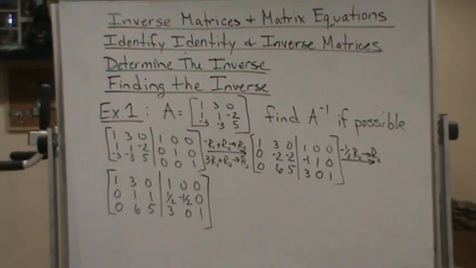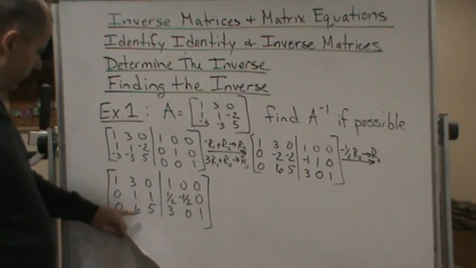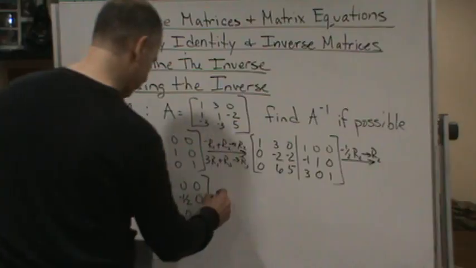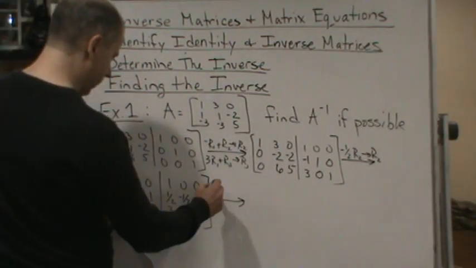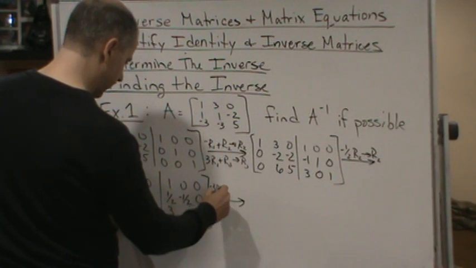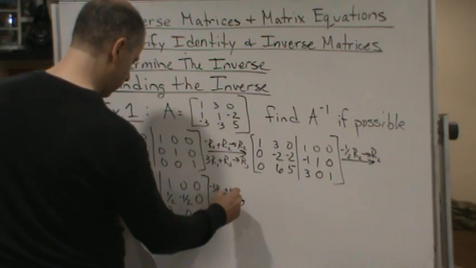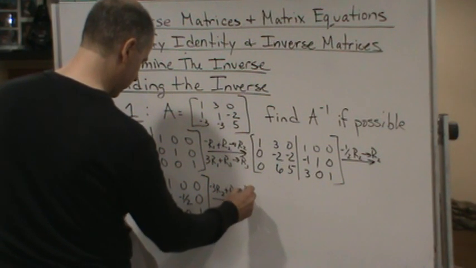All right. So far, so good. Now what I'm going to do is eliminate the 6 and the 3. So I'm going to do -3 times row 2 plus row 1, and then replace row 1.